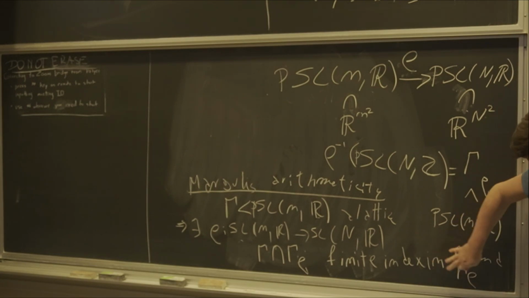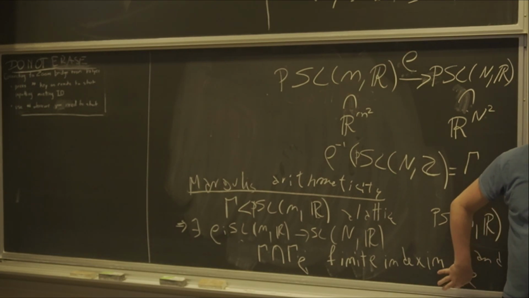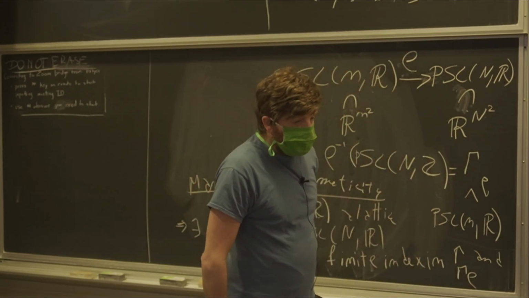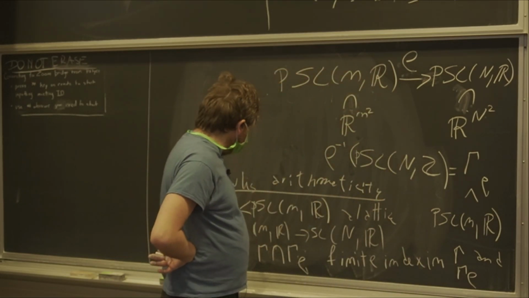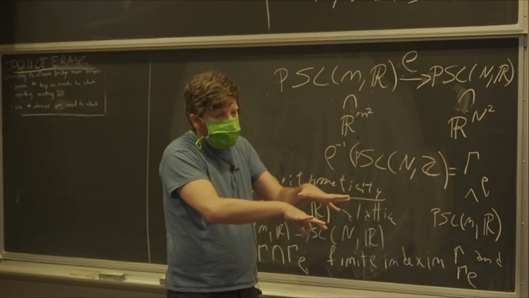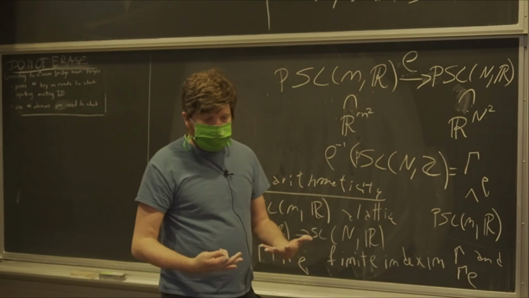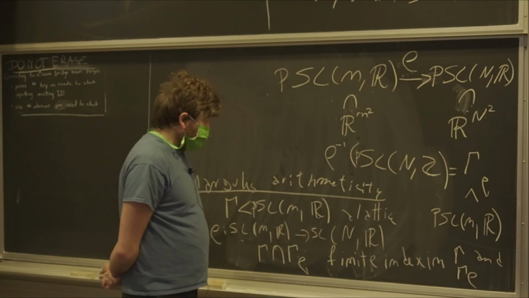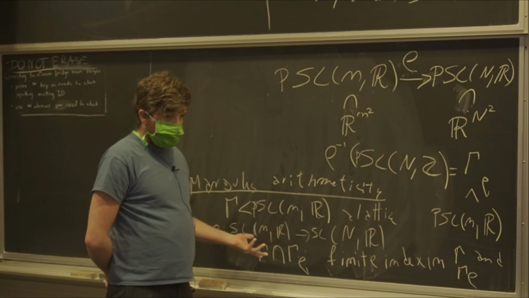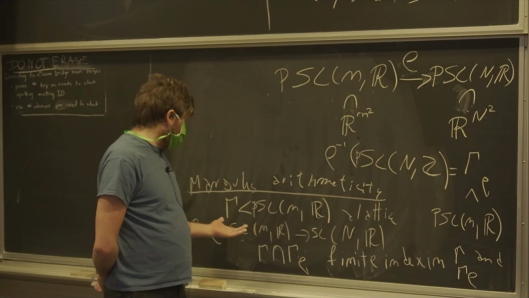This fact at the end is called commensurability. So it's saying that Gamma and Gamma_rho are commensurable, because they are almost the same guy, up to some finite index business. So these are all the lattices. That's what Margulis arithmeticity is telling you.